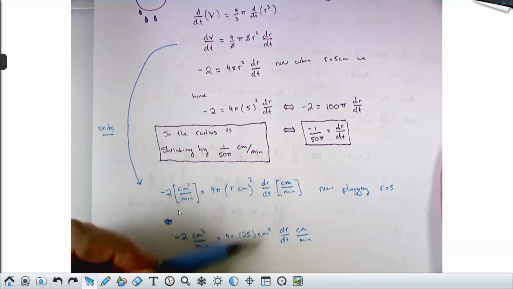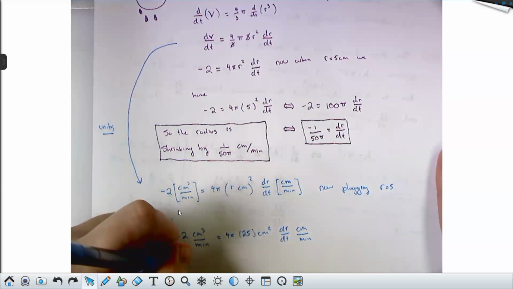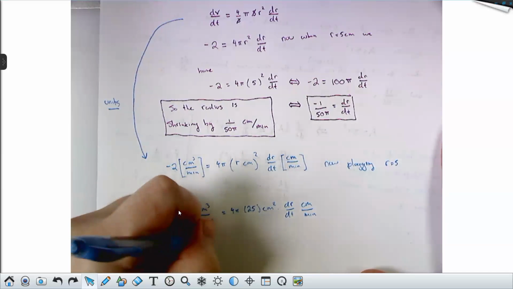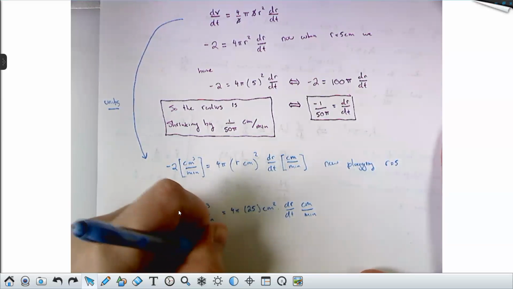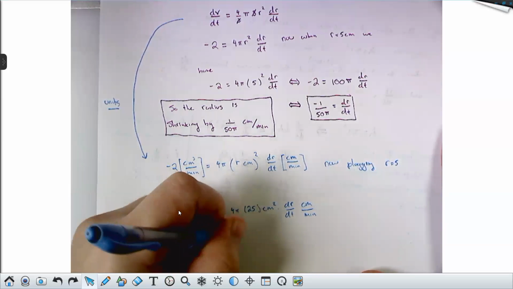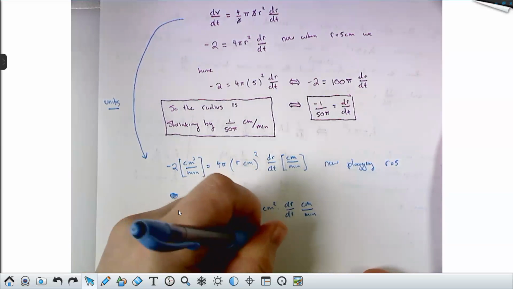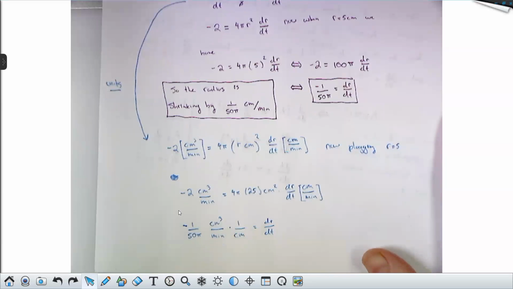When I divide over by the 4 pi, you get -1/50 pi. When I divide by the centimeters squared, I'll write out the dimensional analysis here. This is cm cubed over minutes times 1/cm equals dr dt. And the right-hand side, I claim, would still have units cm per minute.